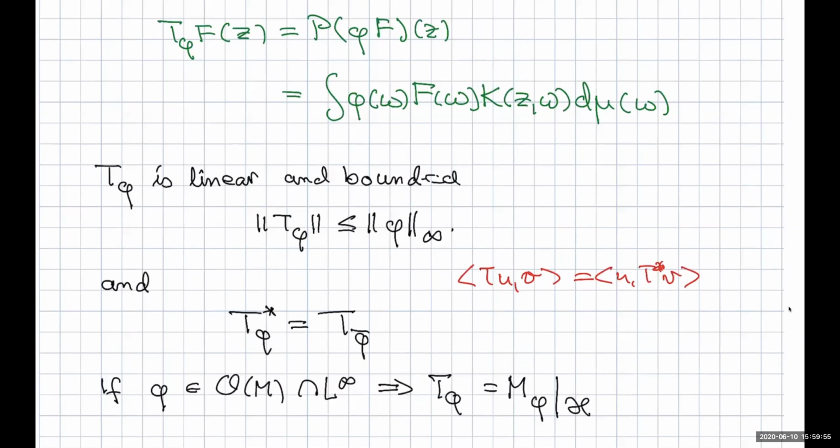And then if you put this into the integral, you see you get this extra conjugation, okay? Because it's a real measure, so if you conjugate the integral, you can also conjugate inside. And if you move the Toeplitz operator over here, then you are multiplying, so to say, on the other side.